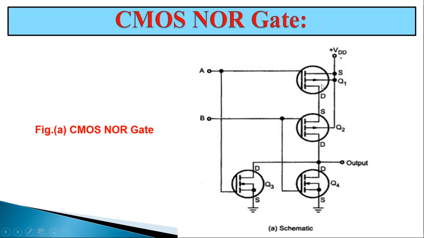Here Q1 and Q2 are in series and these two are P channel MOSFETs, and Q3 and Q4, these two are N channel MOSFETs which are connected in parallel.